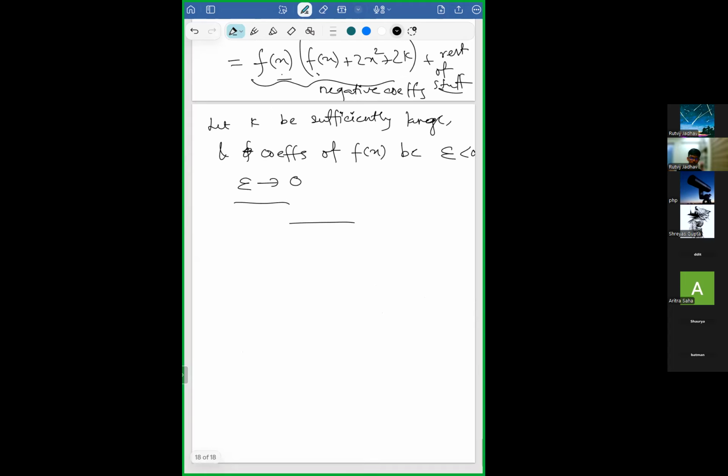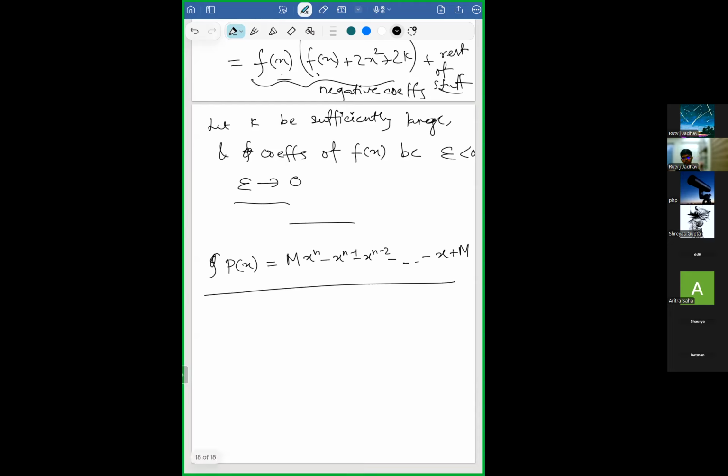If you don't exactly get what this epsilon tends to zero is, then you can also consider the construction as something like this. Here, m is a very large number. It is sufficiently large.